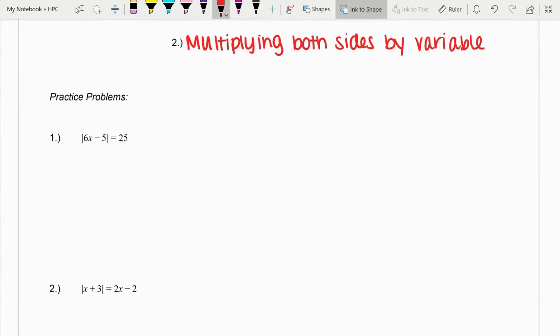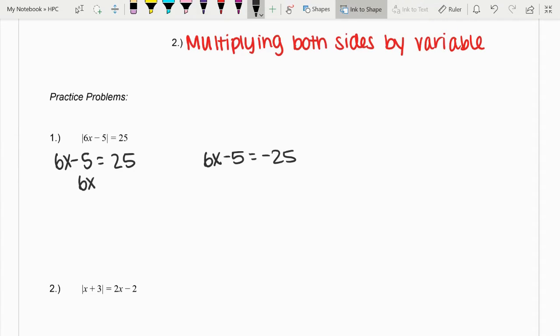So our first practice problem, we have the square root of 6x minus 5 equals 25. To solve this problem, we have 6x minus 5 is equal to 25, or we have 6x minus 5 is equal to negative 25. Okay, so I can just solve both.